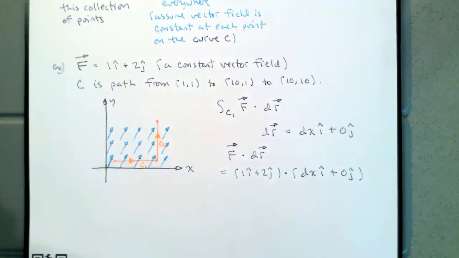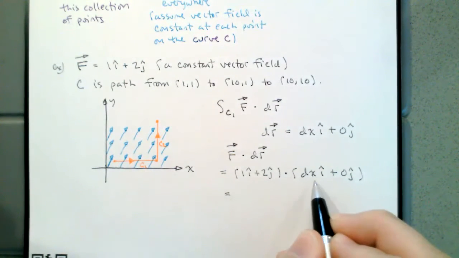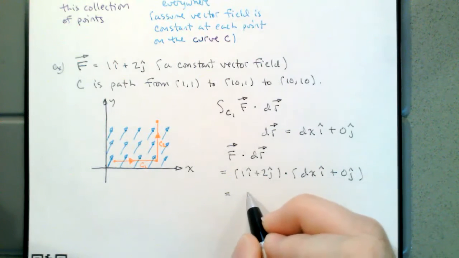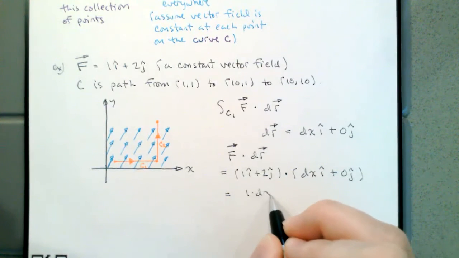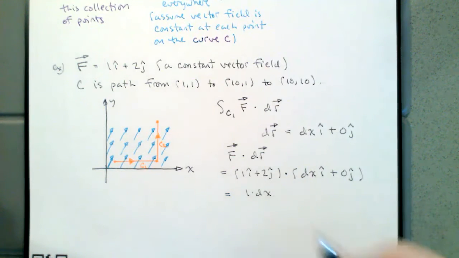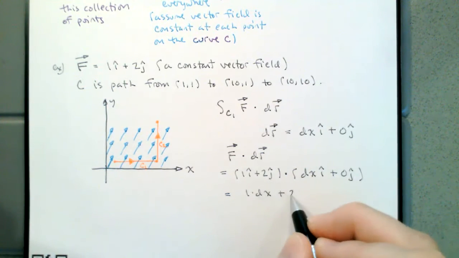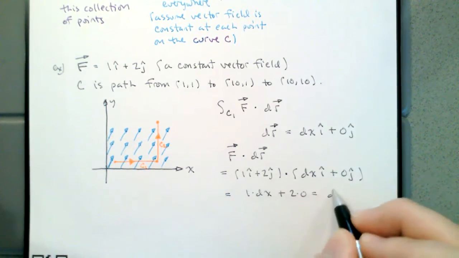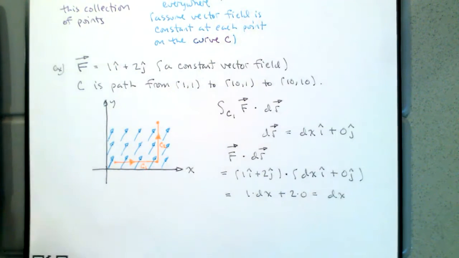So let's calculate this dot product. I get 1 times dx plus, well, 2 times 0. So we just get dx. So this f dot dr is just dx.